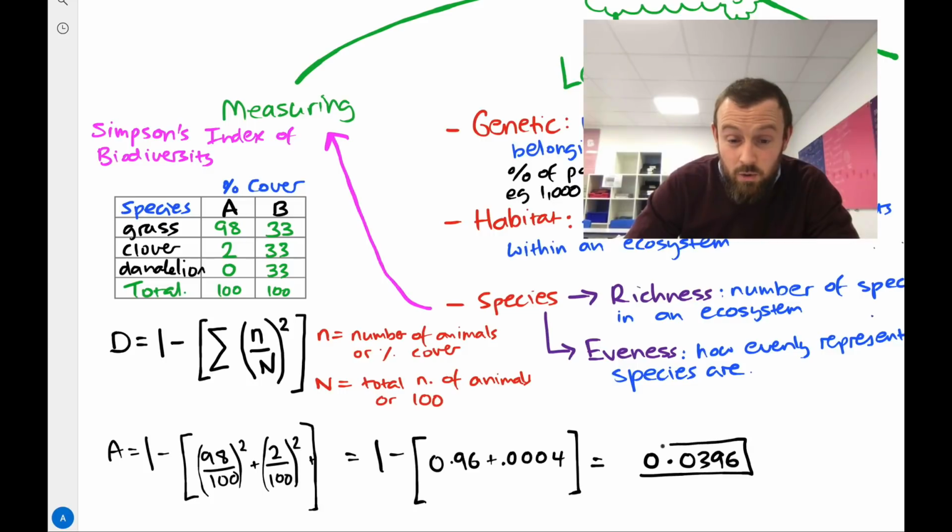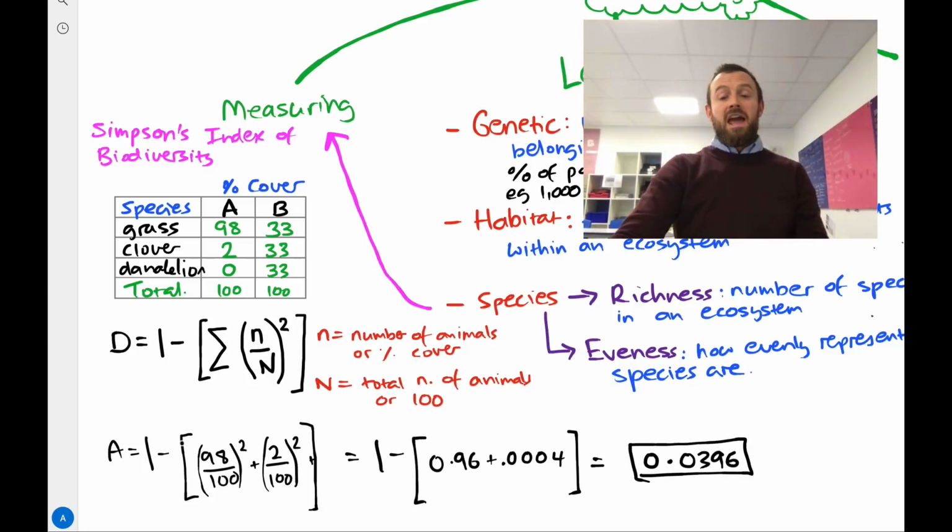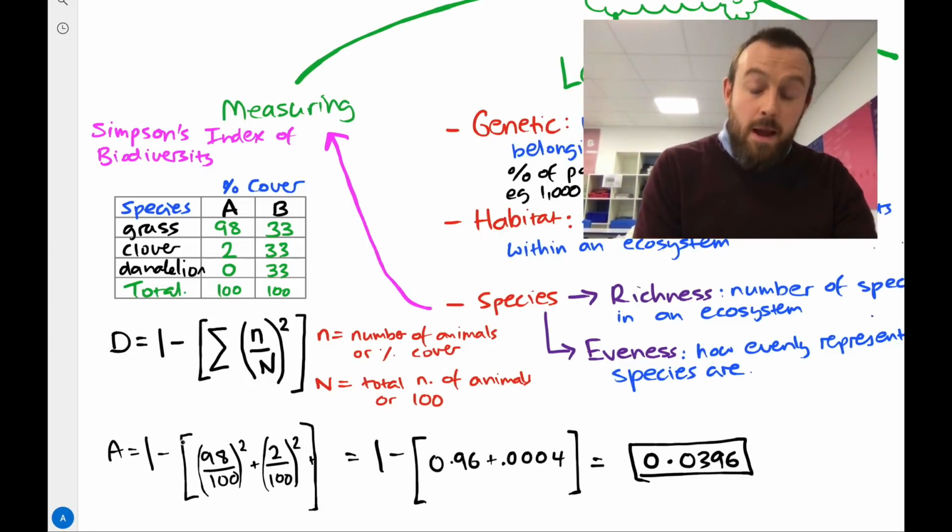That is a low value for field A. For field A, I've got a low value of Simpson's biodiversity index.